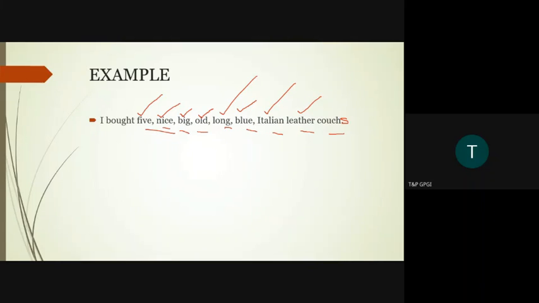If I would have bought that, you would be confused and you will return it. Pralay will not even accept it because he will not understand what exactly I bought, right? I bought long, big, five nice leather Italian blue couches. So he'll be like, okay, what did she just buy? I don't even want it, and he'll return it.